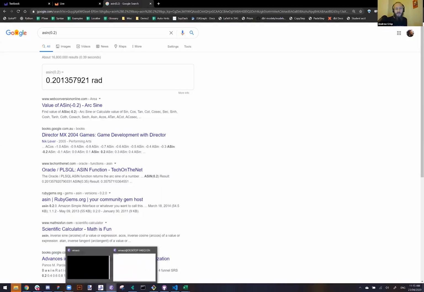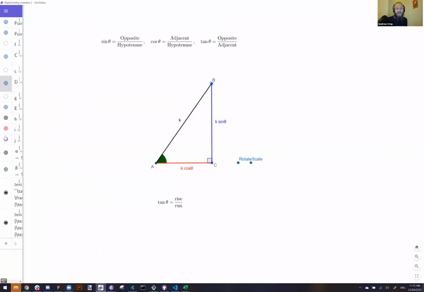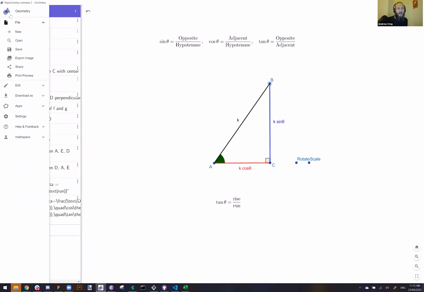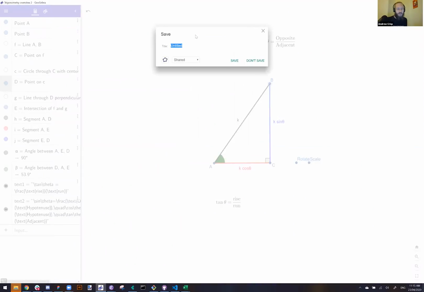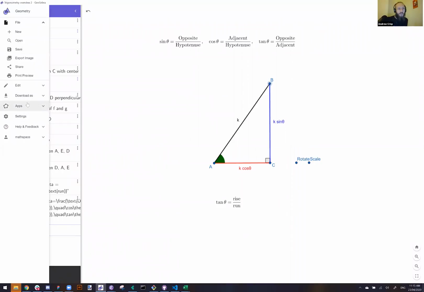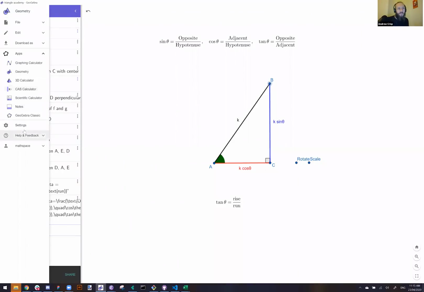If I open up my GeoGebra, I can get my calculator out here. Let me just save this so I don't lose it. Go into the apps section, I should have a CAS calculator.